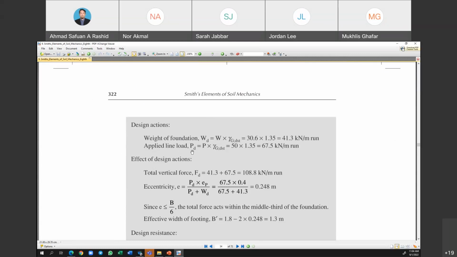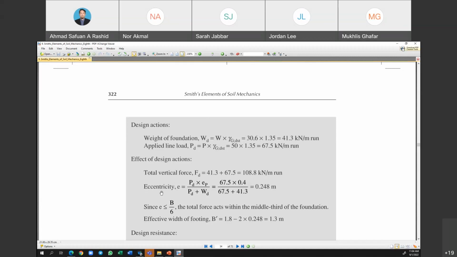Then the applied load P multiplied with 1.35, we obtain 67.5. So the total vertical force, which is the summation of weight and applied load after being multiplied with the partial factor of safety, we obtain 108.8.